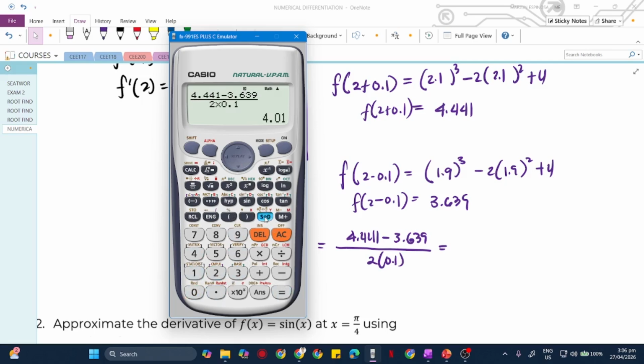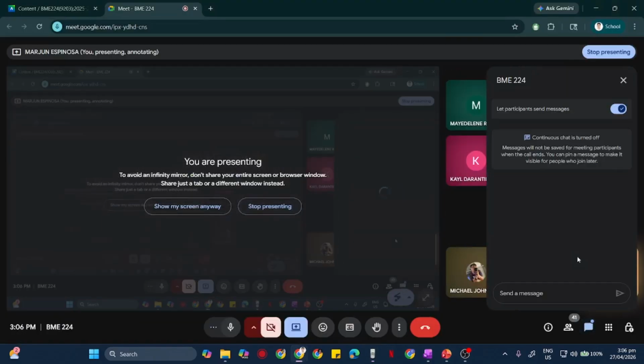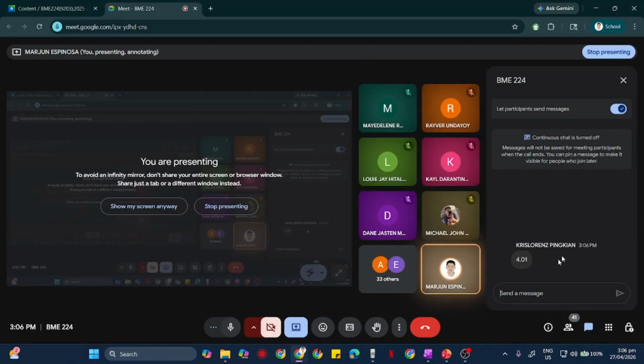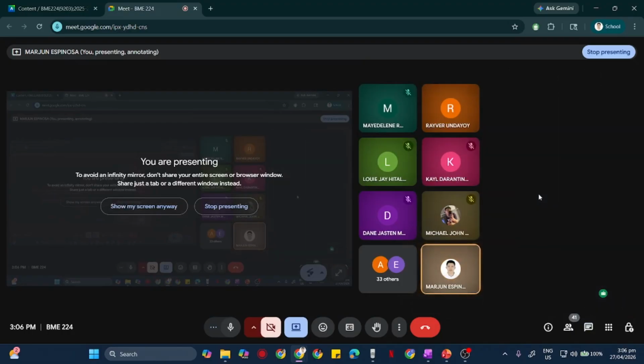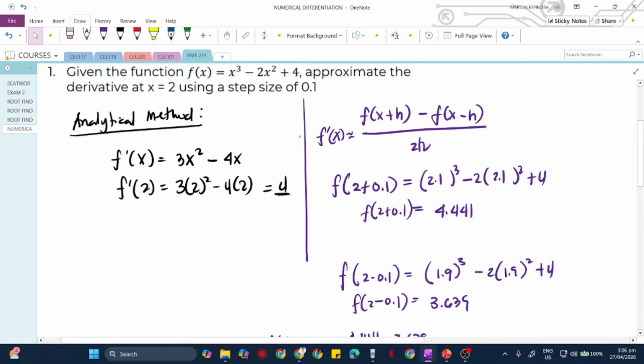And the answer is 4.01. Okay, do you have questions? 4.01. Tama. Okay, di ba? So, very close to our expected value.